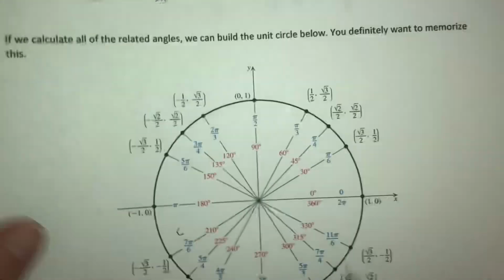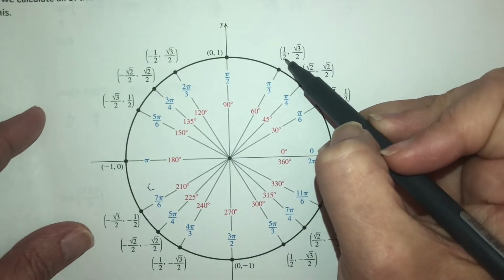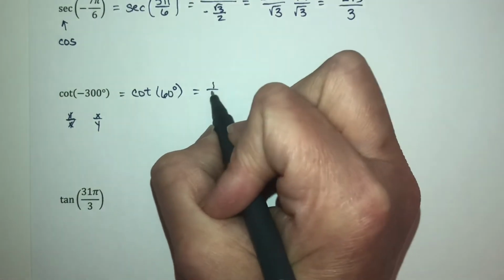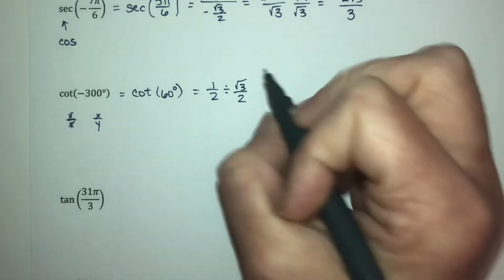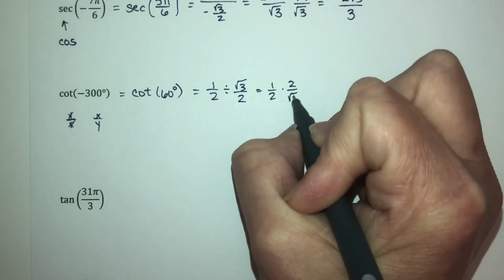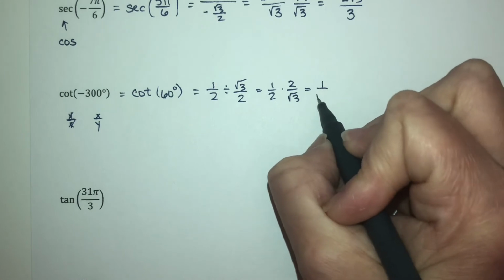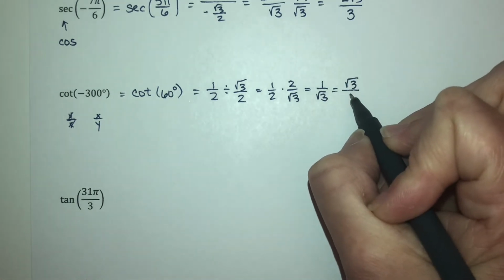So at 60 degrees, if I do x over y, I'm doing 1/2 divided by the square root of 3 over 2, which is 1/2 times 2 over the square root of 3. Which gives me 1 over the square root of 3, and then if you rationalize that, you get the square root of 3 over 3.